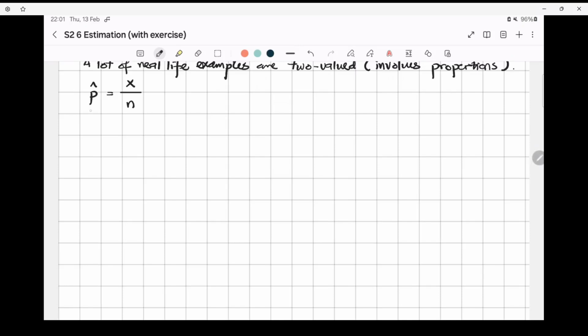Usually, of course, we would use the binomial distribution to study the statistics of sample proportion.